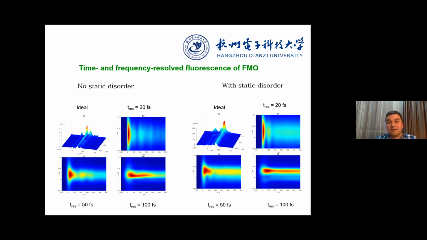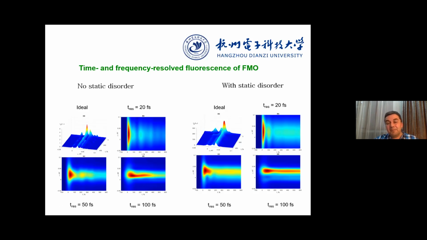That is why we took the time and frequency resolution into account and simulated the signals for time resolutions of 20 femtoseconds, 50 and 100. The meaning is that the time resolution of the fluorescence up-conversion setup is 20 femtoseconds, 50 and 100. Probably 20 is too optimistic for true experiments, and 50 is quite a reasonable time resolution which can be obtained in this technique.